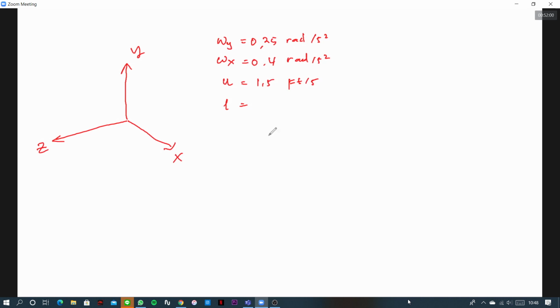The length is 20 feet, and the angle at this time we may call theta. I will write with a different color.